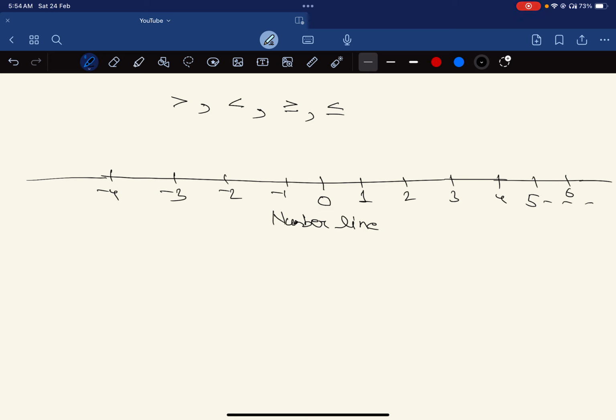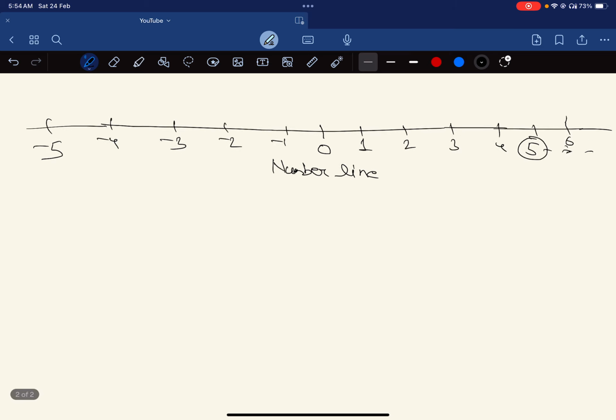The number which is on the right side is greater than the number which is on the left side. So 5 is on the left side of 6. So 6 is greater than 5. That's how I know that 6 is greater than 5, because it is on the right side of the number line. So this is all about the number line.